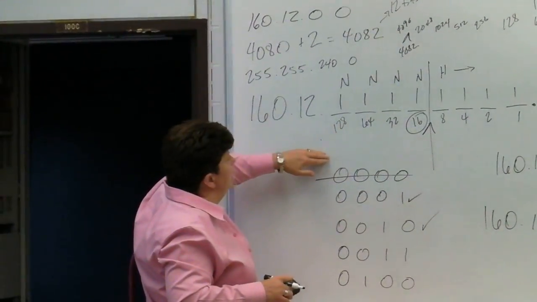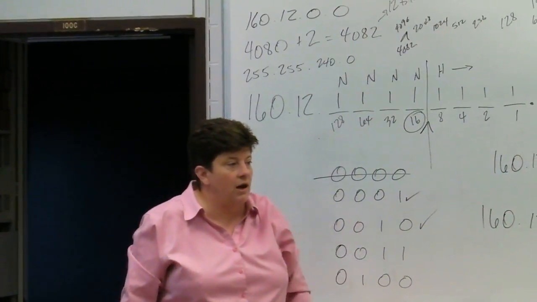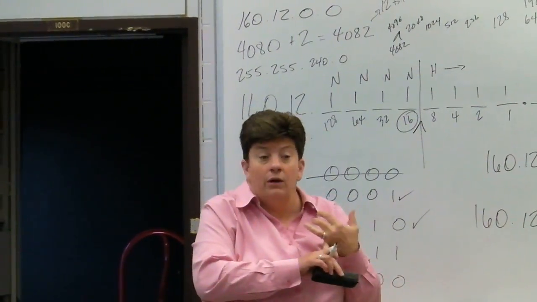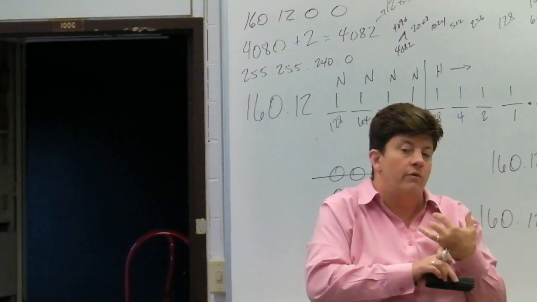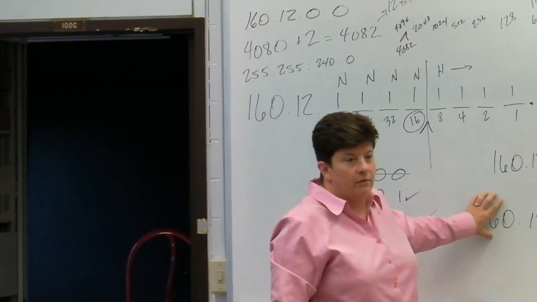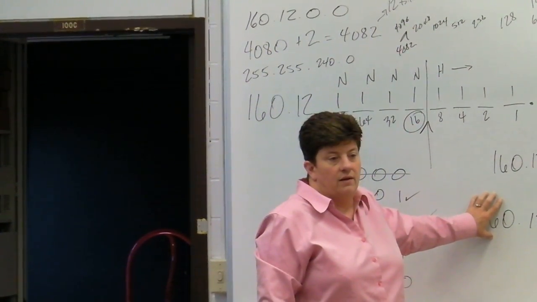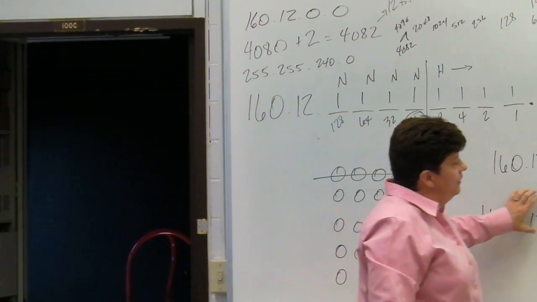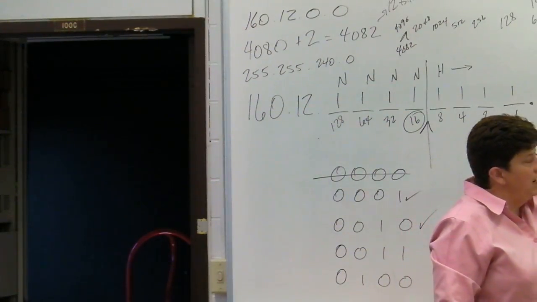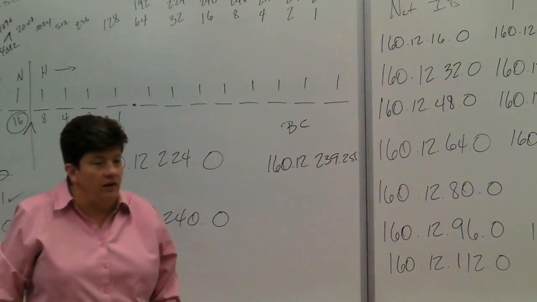All ones on the network side is equal to my new subnet mask. The two things I'm not allowed to give away. Don't use the original, what we call the zero network, and don't use the broadcast network. But knowing this network lets me figure out the very last network without having to make this ridiculous list.